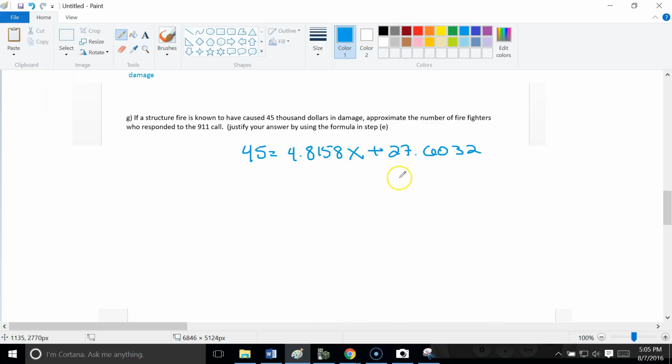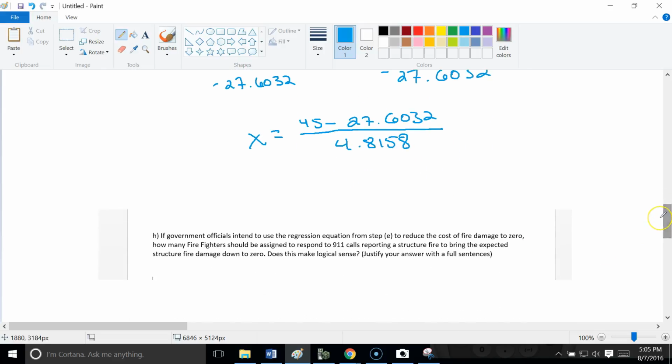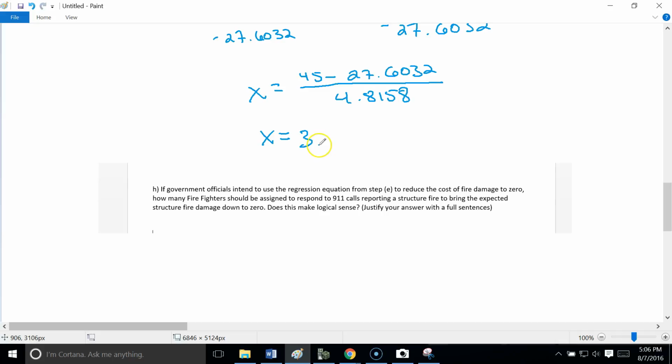So we're going to subtract 27.6032 from both sides of the equation, and then we're going to divide, so we're going to end up with x equals 45 minus 27.6032 divided by 4.8158, and then we can use our calculator to find the value of that, and so we'll end up with 3.6124.